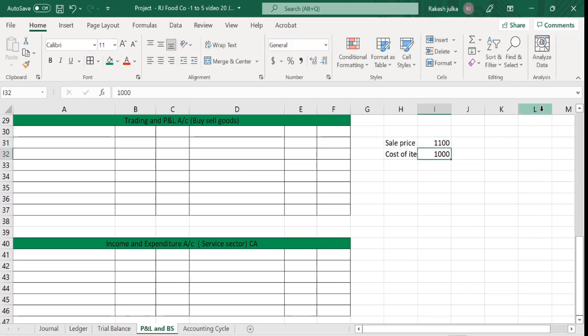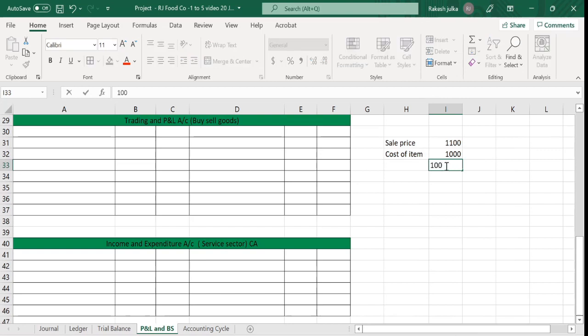If we talk about just one item, the selling price is 1100 and the cost price is 1000. The difference between these two will be $100, which is known as gross profit. So the difference between selling and buying of products will be the gross profit.